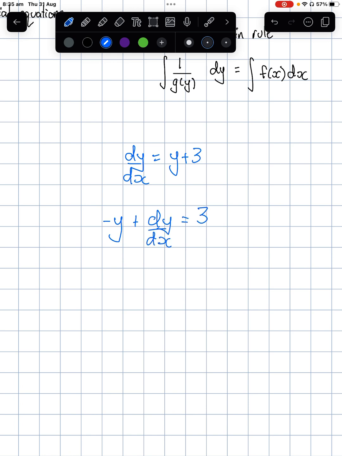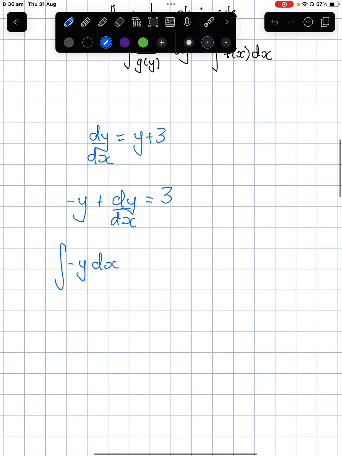So when we did the integral here, you're not going to end up with the same chain rule that we need. If we do the integral with respect to x, we'd end up with negative y dx, and it doesn't have the dy to get rid of it. And then you'd end up with the integral of dy/dx with respect to x, and that would just cancel out, and we'd be left getting a y there.